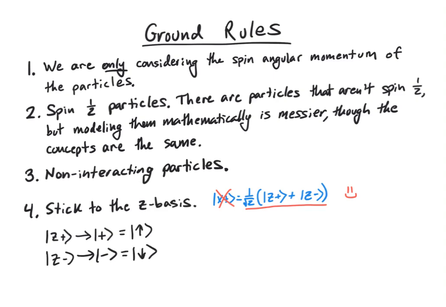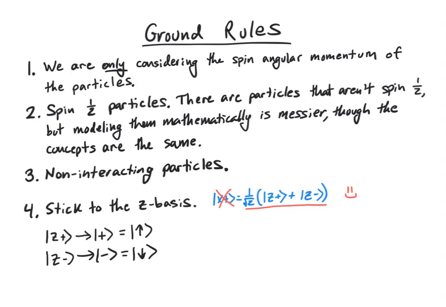So we can also refer to the z plus state, which we are now simplifying to just plus, as up, which we often represent as an up arrow. Likewise, the z minus state, which we're simplifying to be just minus, is often represented as a spin down state, which we can represent as a down arrow. I'm going to stick with the pluses and minuses just because it's more consistent with the notation we've already been using, as well as the fact that I actually find it easier to write plus and minus than up and down arrows, but it doesn't really matter either way.